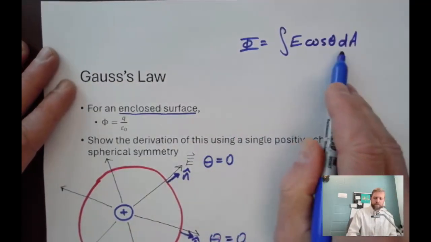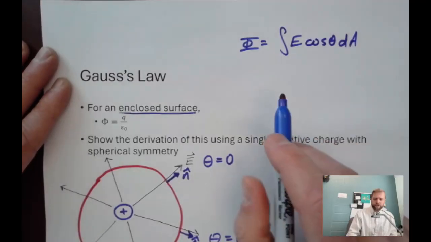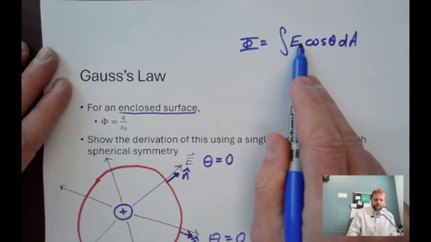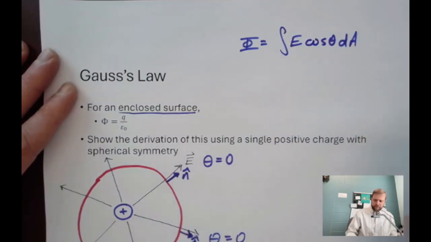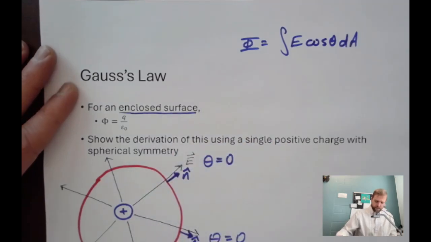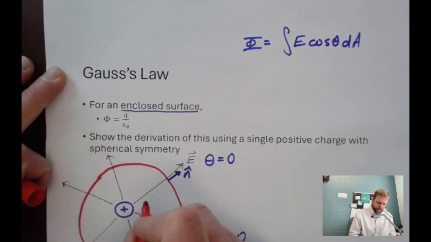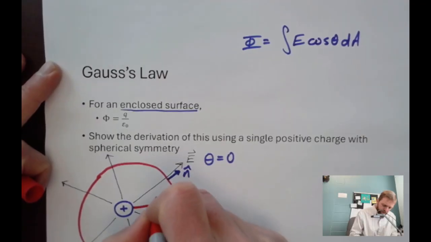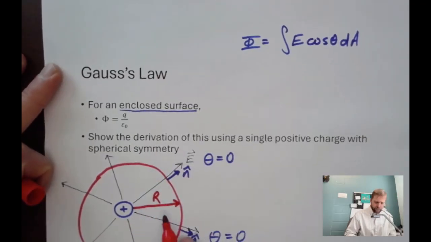That's the dot product between these two. Now, the electric field is constant given that the radius of this is constant. So we're going to have some radius that we'll just call capital R.